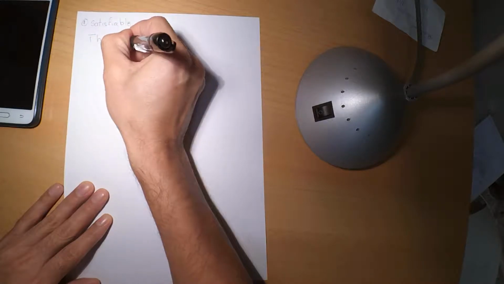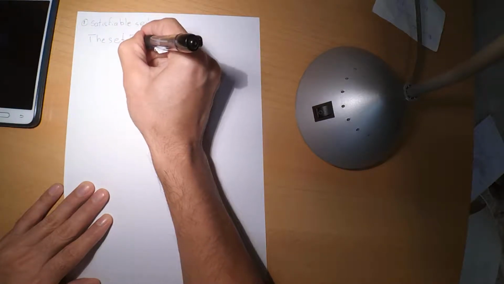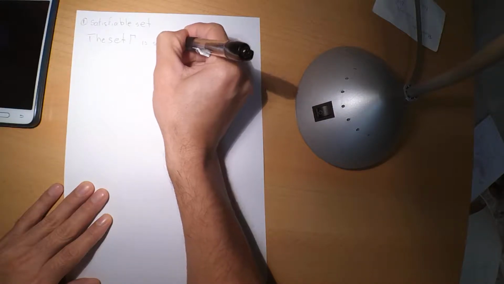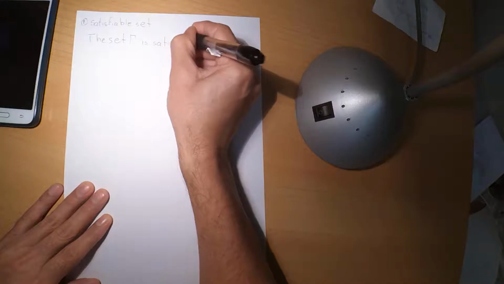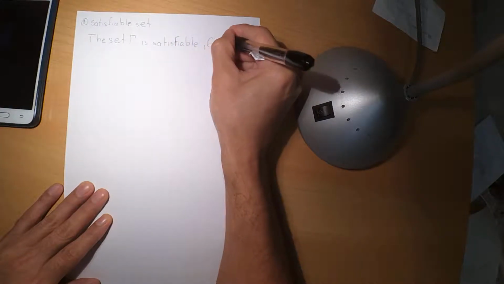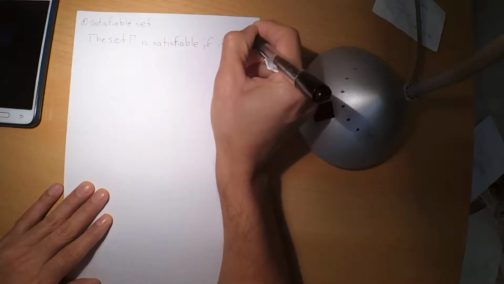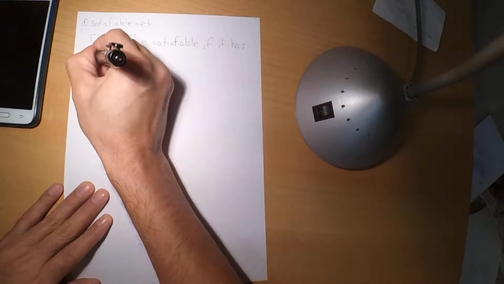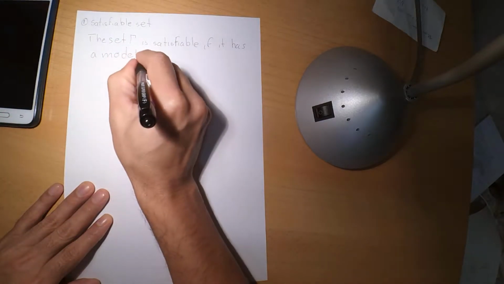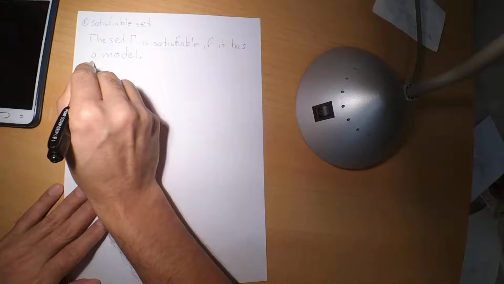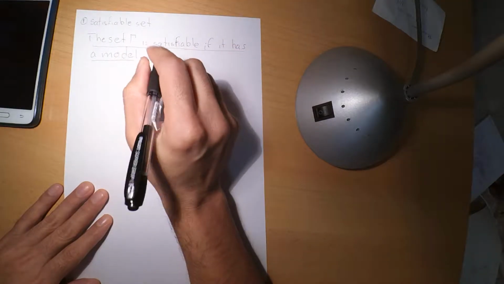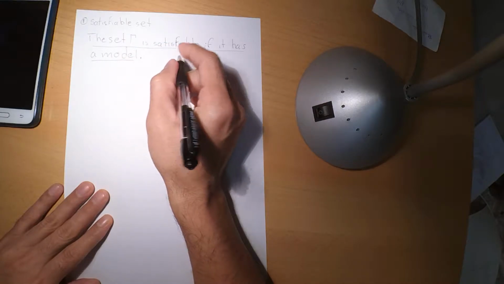The set gamma is satisfiable if it has a model. And that's it. Do not answer more. If you answer more than this, maybe the teacher will take this answer as wrong.